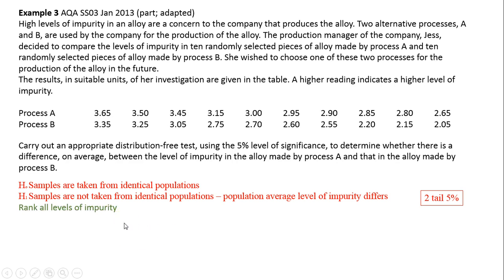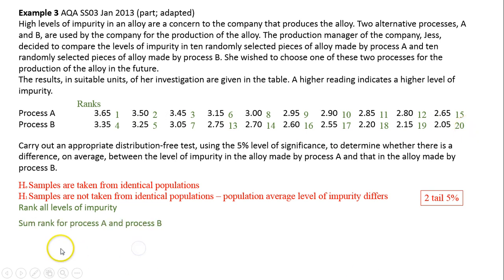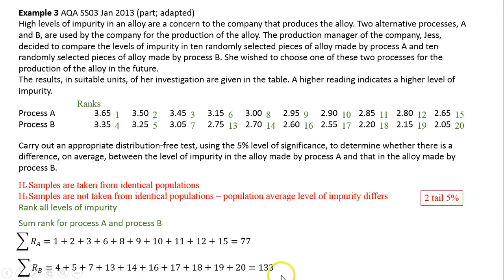So we're going to rank all the levels of impurity. This time I'm going to give 1 to the highest level of impurity, and therefore the lowest, 2.05, would be 20. Sum the rank for process A, so those are the ranking for process A, and we get 77. The ranking for process B, add them up, and we get 133.